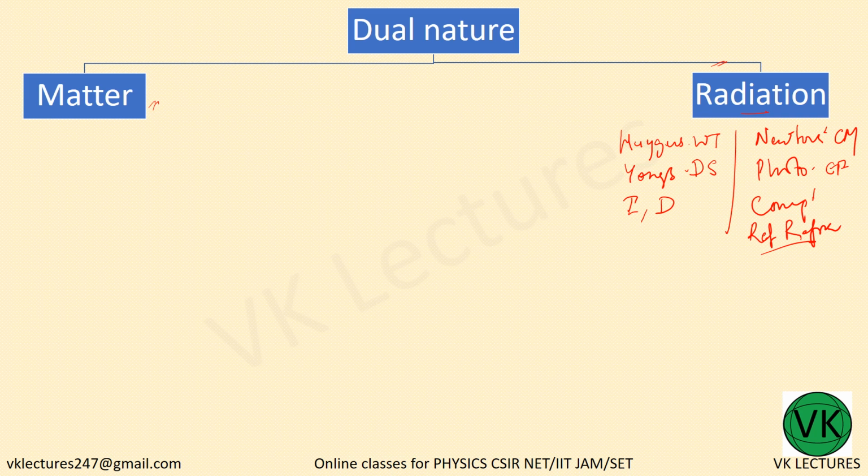If radiation has both particle nature as well as wave nature, similarly this matter also must have particle nature and wave nature. Matter is as such a particle, so it definitely should have a particle nature. Similarly, the matter should also behave as wave.